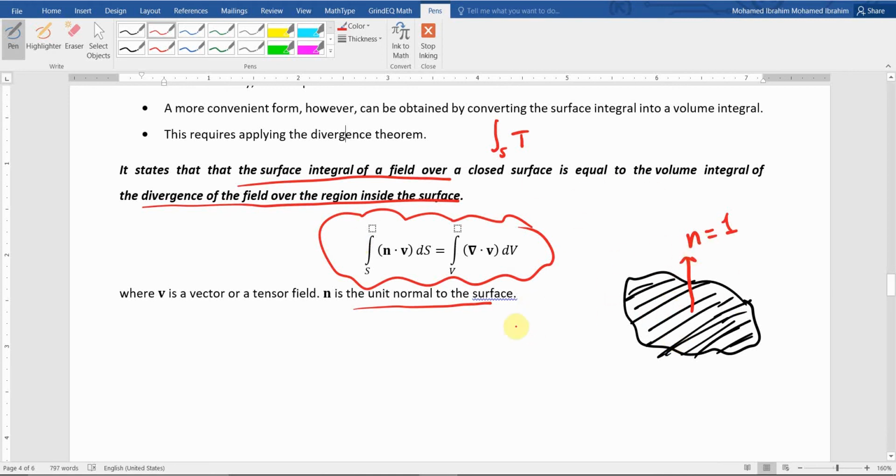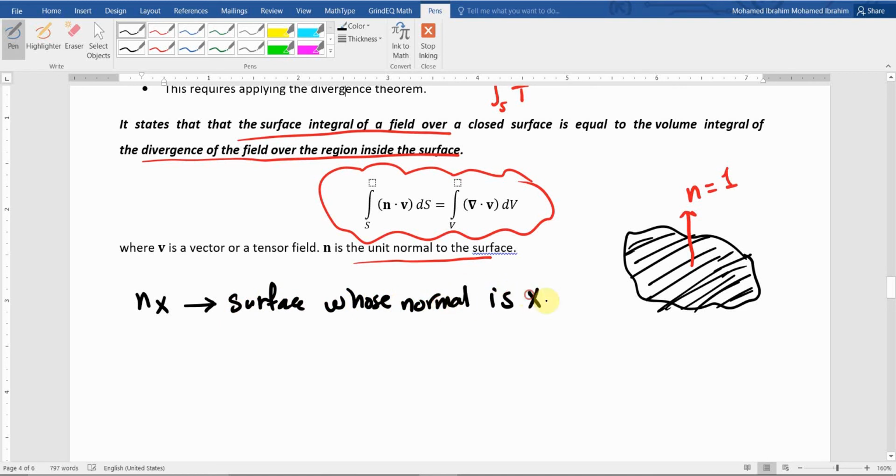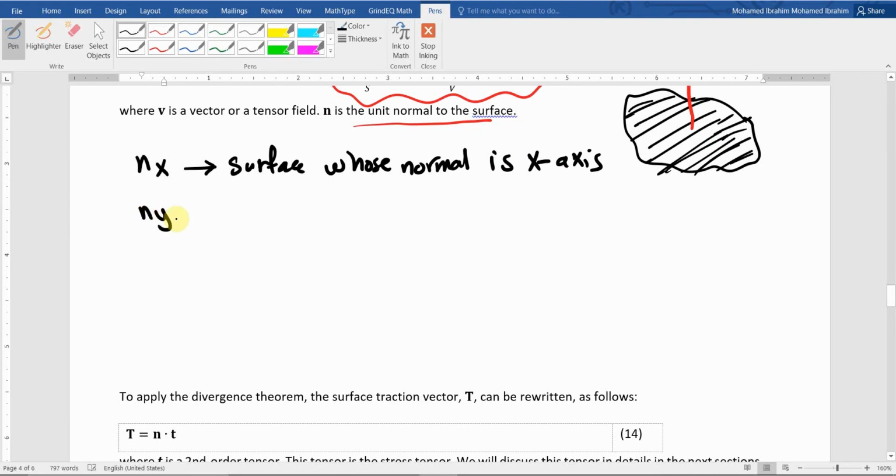So for example, if I say nx, it means that I'm talking about a surface whose normal is the x-axis. If I say ny, this is a surface whose normal is the y-axis. If I say nz, here I'm talking about a surface whose normal is the z-axis, and so on.